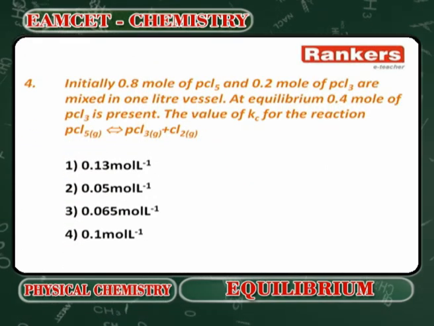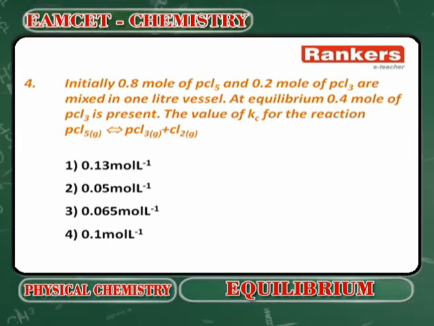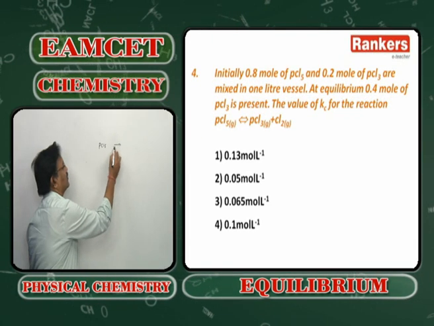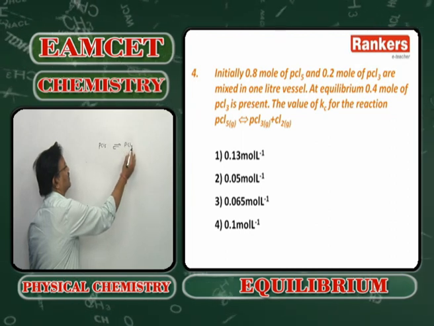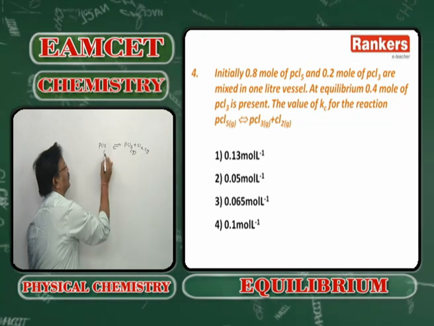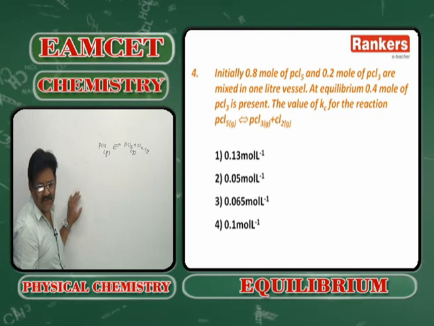Next, initially 0.8 moles of PCl5 and 0.2 moles of PCl3 are mixed in a 1 liter vessel. So PCl5 gives rise to PCl3 plus Cl2.